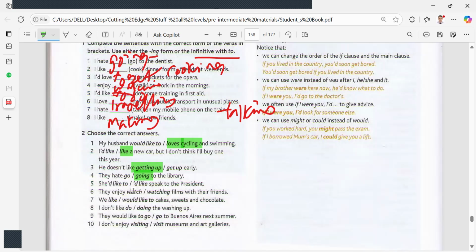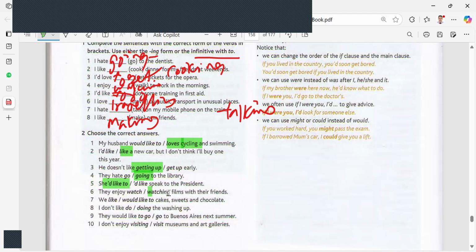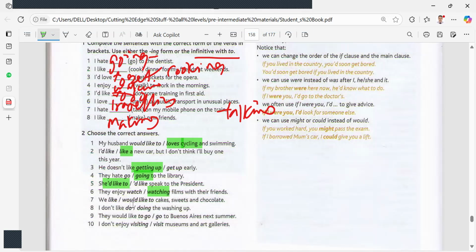She'd like to speak to the president. Six. They enjoy watching films with their friends. Seven. We would like to know. We like cakes, sweets, and chocolate. We like or would like cakes, sweets? We like. Yes, we like.